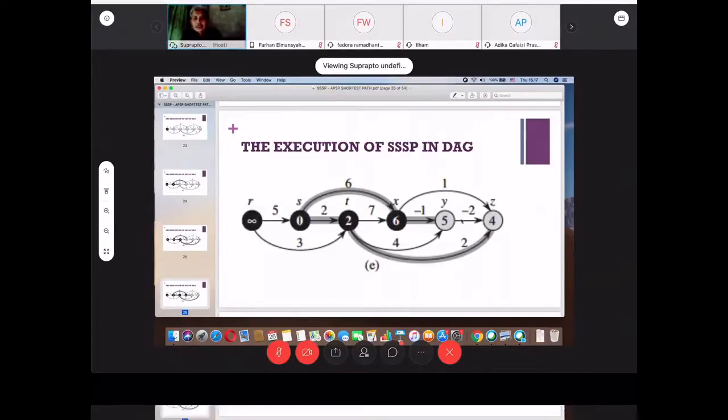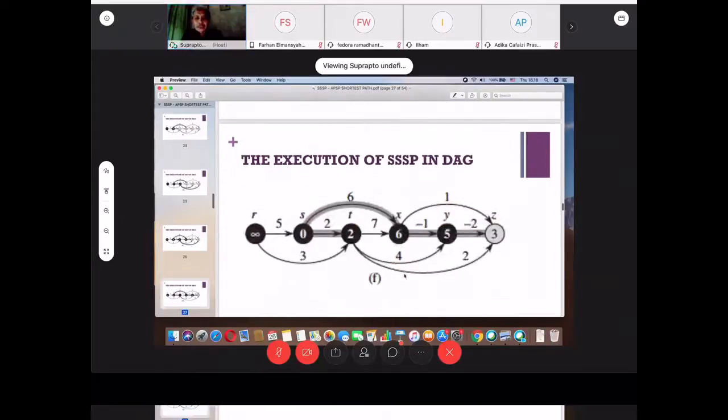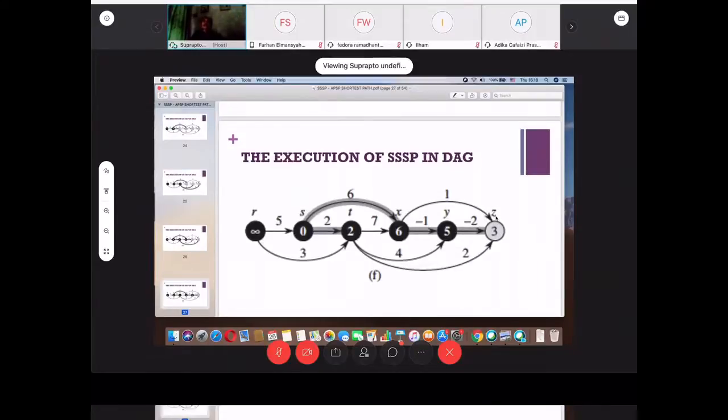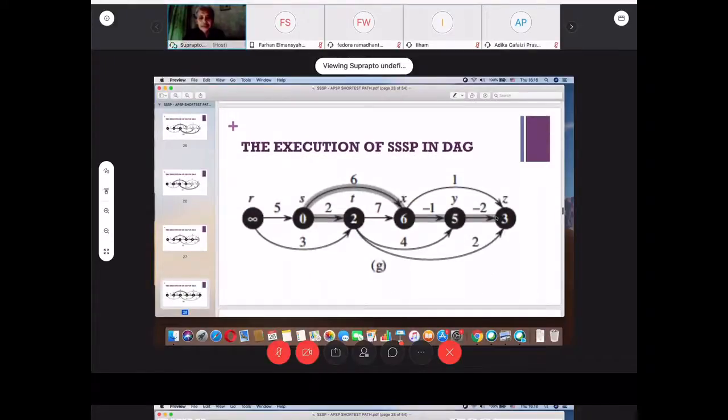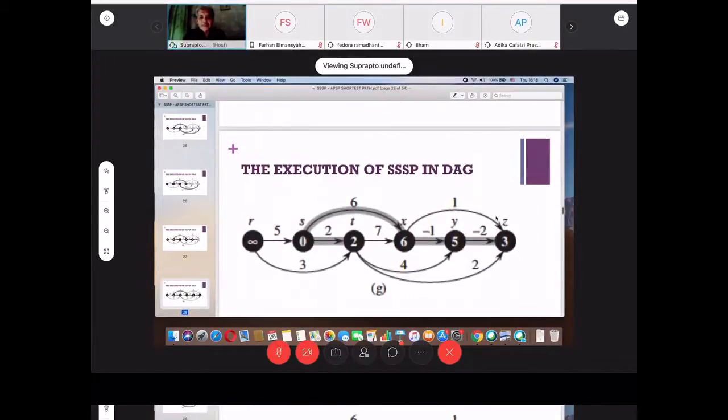That's why it is selected instead of this. And the final result will be this, right? 3. So that's the DAG shortest path. So this is the final result.